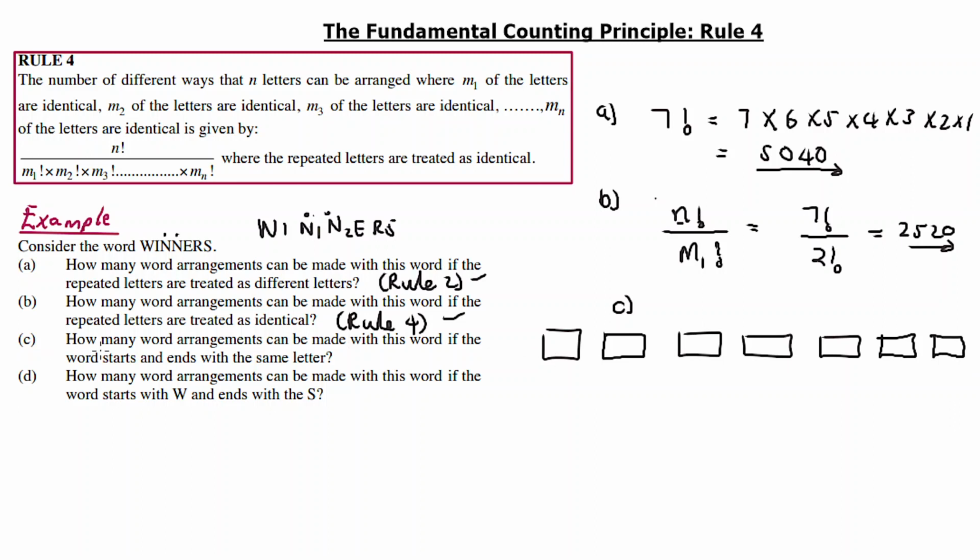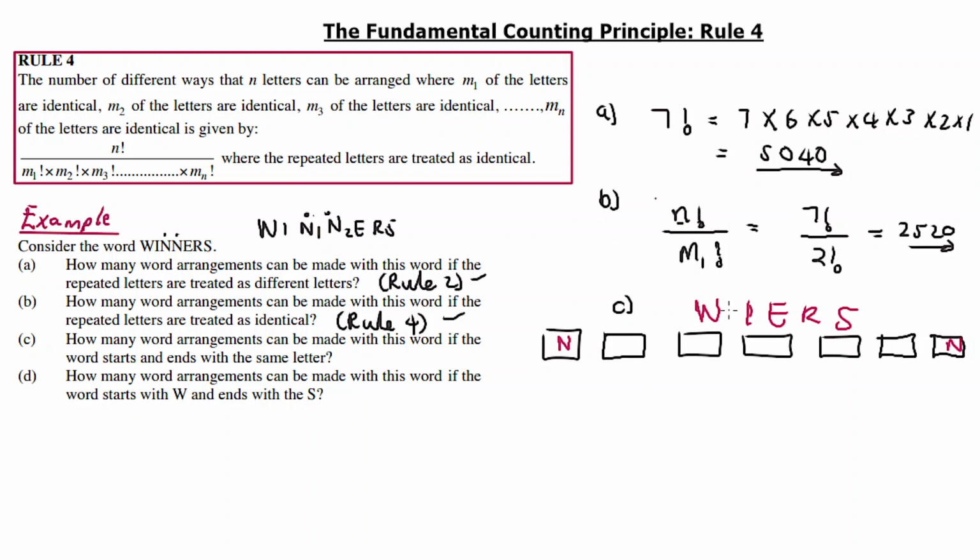Okay, it starts and ends with the same letter, so it will have an N here and an N at the end. The remaining 5 blocks, it's either the W, I, E, R, or S.